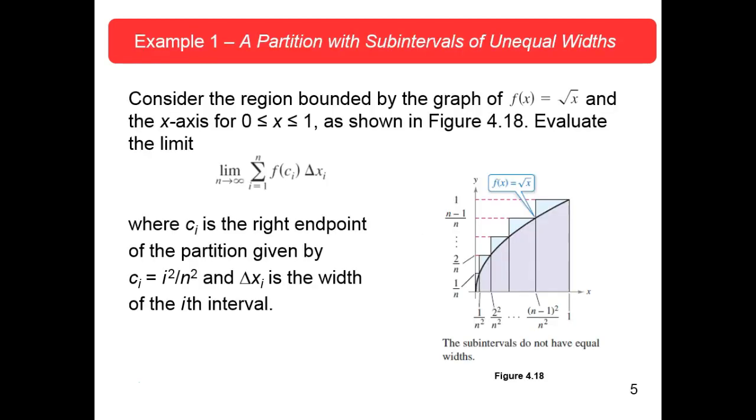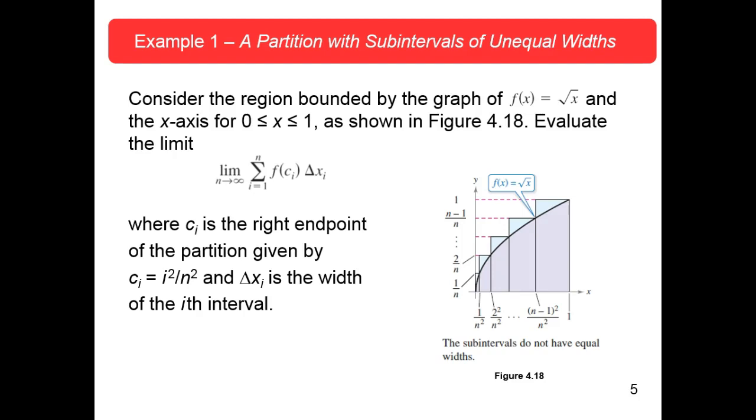So let's first talk about Riemann sums, and if this looks familiar, it should be. Here's our partition. Now this time, we're partitioning the subintervals with unequal widths. Frankly, I don't see why they do this, but it works perfectly fine. Let's consider a region bounded by the graph of f of x equals square root of x and the x-axis from 0 to 1.